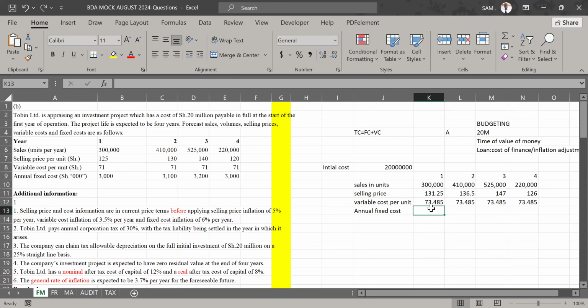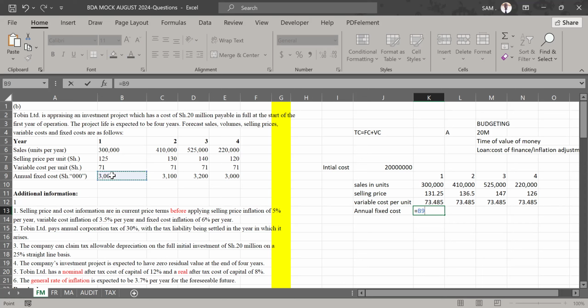So we bring on board annual fixed cost, and we also adjust it by the inflation effect. And we've been told in note 1, it is affected by inflation at 6% per year. So first, I will refer to the annual fixed cost. Then ensure I first adjust it by the 1,000, because these figures are all in thousands. How do I adjust? Just multiply by 1,000 like that. So that is the first adjustment.